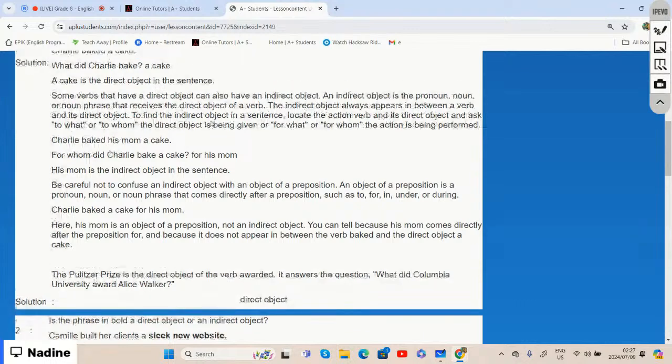An indirect object always appears between a verb and a direct object. To find the indirect object in a sentence, we need to locate the action verb and its direct object and ask to what or to whom the direct object is being given, or for what or for whom the action is being performed.